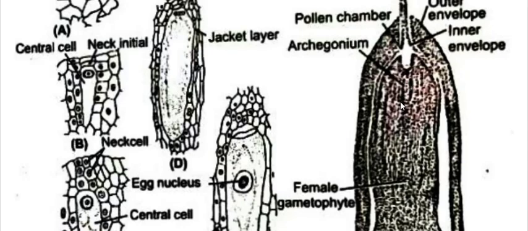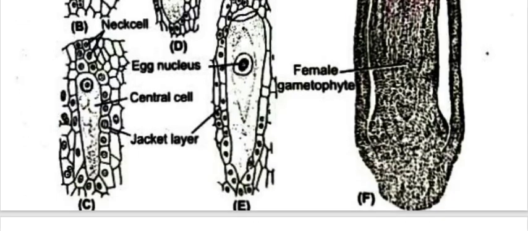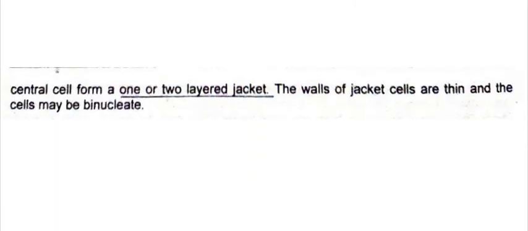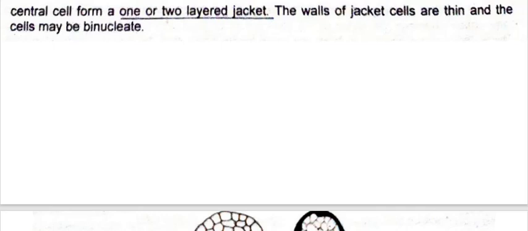Here two long structures are produced, which are the archegonia. These are the longest archegonia which are produced in the gymnosperms. And the cells of the jacket layer, which are thin, may be binucleate cells.